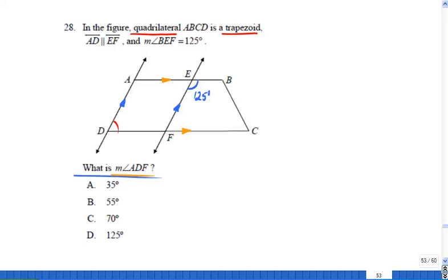Well, let's remember two parallel lines cut by a transversal, and I'm referring to lines AD and EF. They're parallel to each other. How about this DC line being our transversal? DC cuts the two lines and forms these two angles here, ADF and EFC, which are what kind of angles?